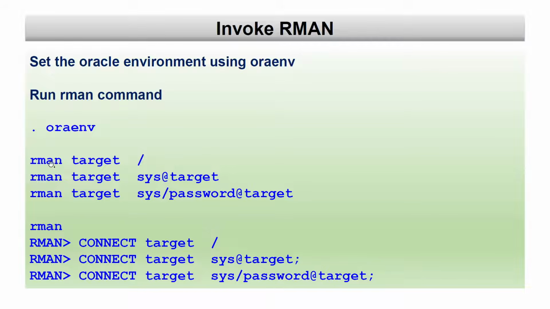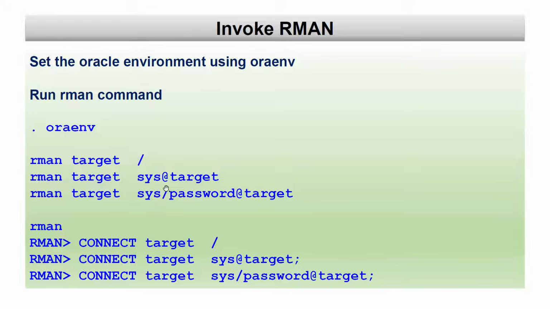To connect to RMAN, you will first set the environment variable, and then run rman target /. RMAN target / means whatever Oracle SID is currently set in our Oracle environment, it will connect to that. Now, if you want to connect to a remote database, you can specify @target, where target is a TNS names entry. If you use this syntax, it will prompt for a password.